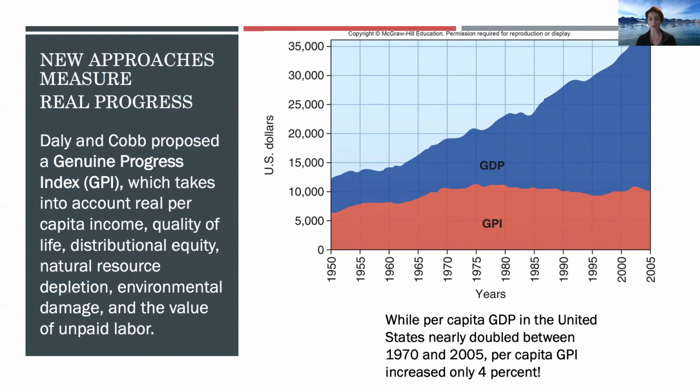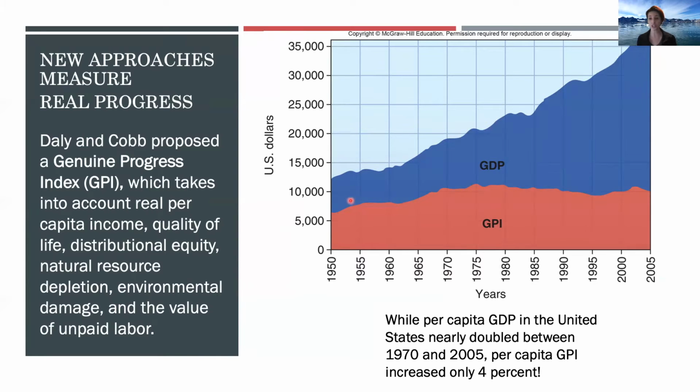They point out in this GPI report that while per capita GDP in the United States nearly doubled between the year 1970 and 2005, per capita GPI increased only 4%.